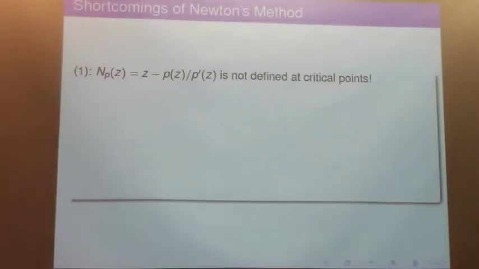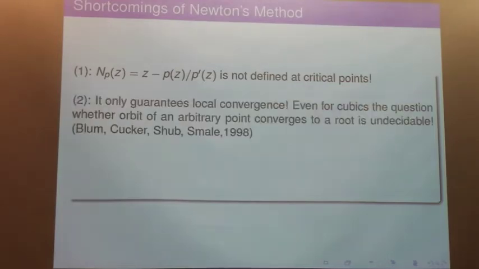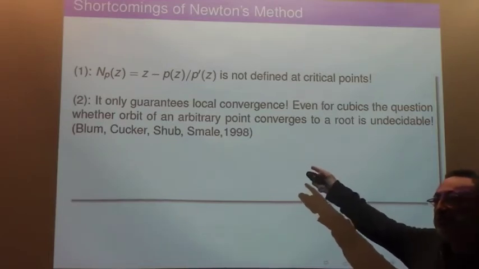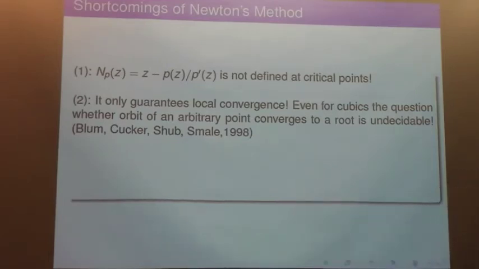What are the shortcomings of Newton's method? It's not defined at the critical points. If p prime is 0, it's not defined. It only guarantees local convergence. Even for cubics, the question whether the orbit of an arbitrary point converges to a root is undecidable under the theory of Rasmiy and these folks.